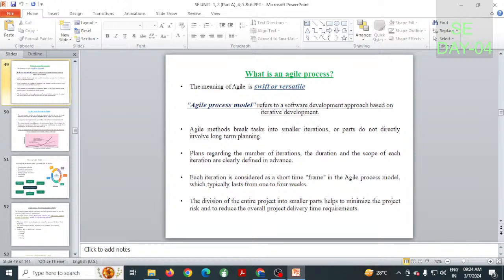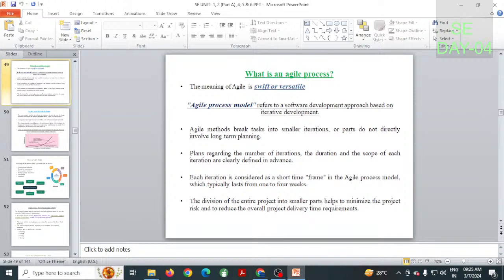One thing we should remember, every iteration in the agile method is considered a short time, because of performing the iteration process. Each iteration in agile method is considered a short time, which we can call a time frame.